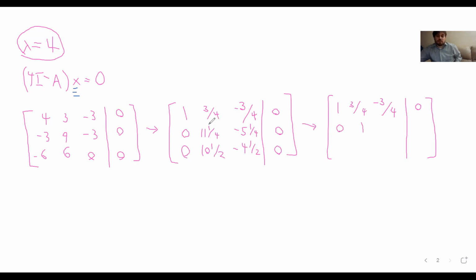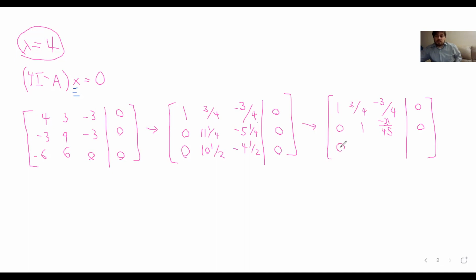If you multiply this row by 4 over 45, this entry is negative 21 over 4. The 4's cancel, and you get 45 in the denominator and negative 21 in the numerator. So there's a negative 21 over 45. And then this is a 0.